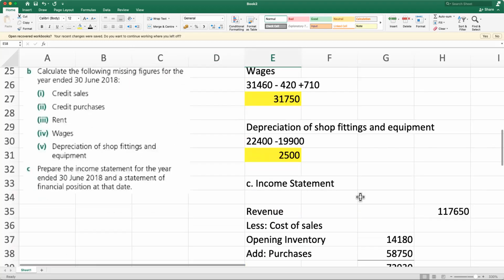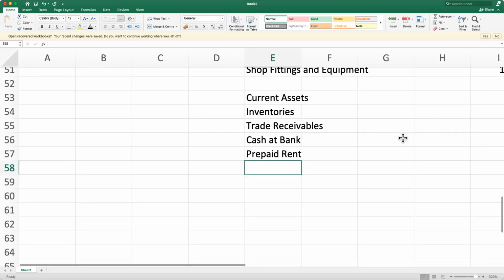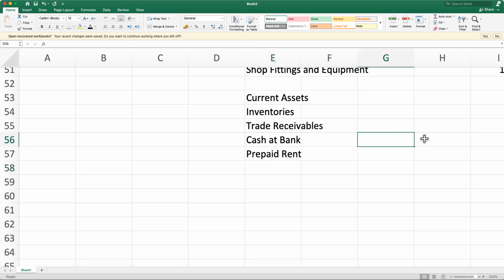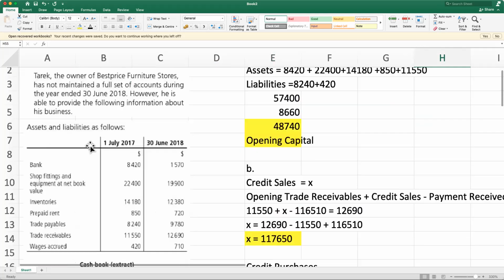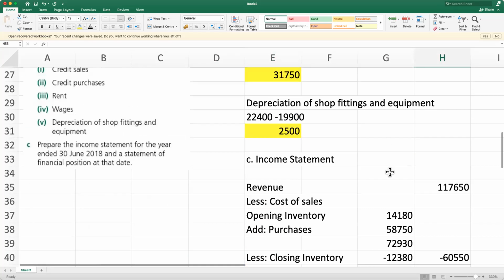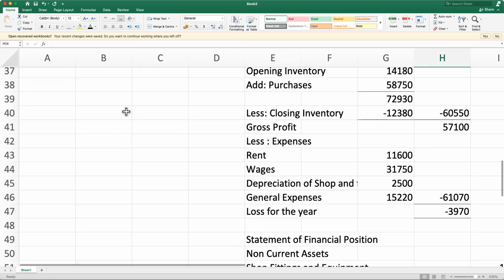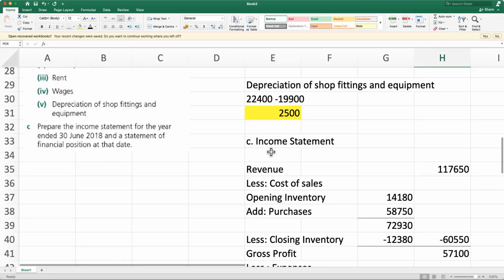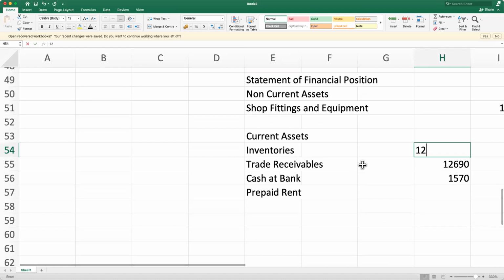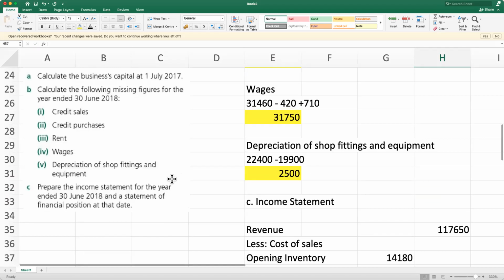Bank 1,570. Trade receivable 1,690. Inventories 12,380. And prepay rents.